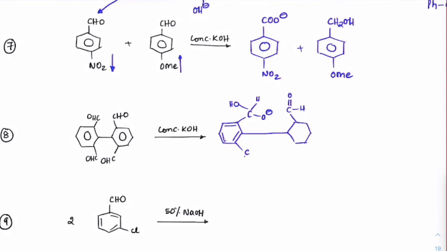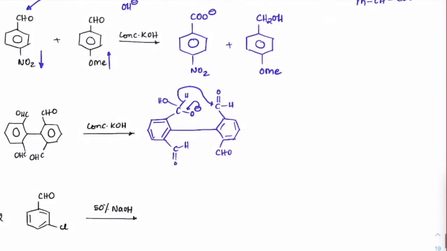Before anything happened here, let us just assume we had this. Now, hydride shift will take place as O minus will close here, this hydride will shift here. As soon as the hydride shift takes place, we will have this group as COOH, and here we will have CH2O minus, and we'll have C double bond OH, and CHO.